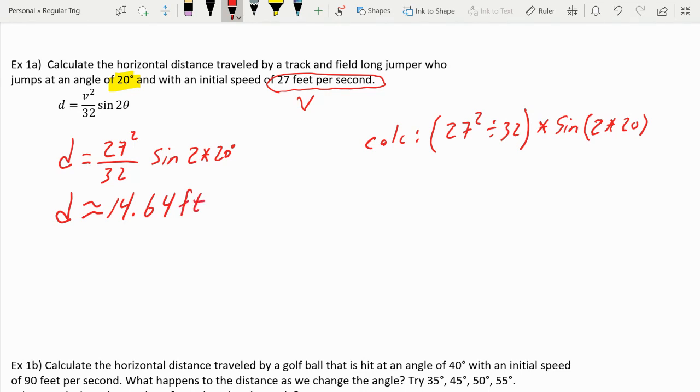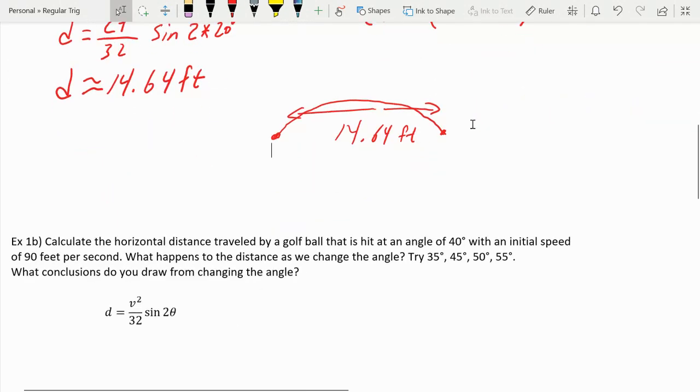This long jumper who's running at 27 feet per second and jumps at 20 degrees will jump about 14.64 feet, from where he or she takes off to where he or she lands. That's all you're doing for these problems.